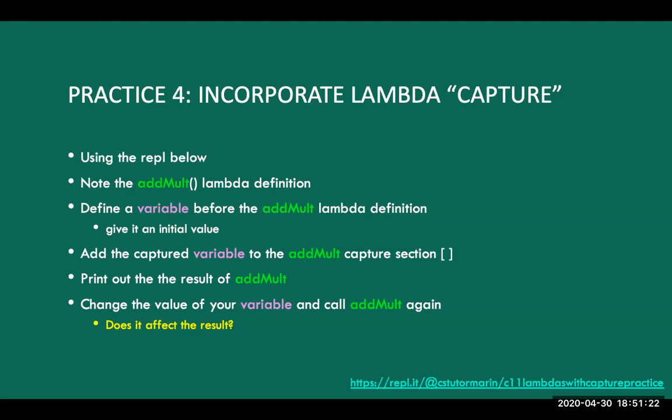It's a bizarre little lambda function I came up with. Then change the value of the variable and call add mult again, and confirm to yourself that that particular capture was indeed captured when you created that lambda function, okay? So give that a try and ask me any questions if you have them.